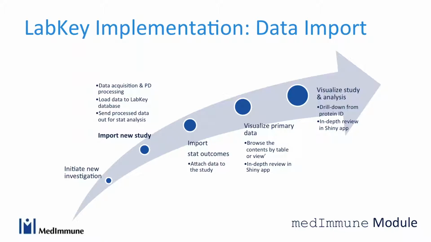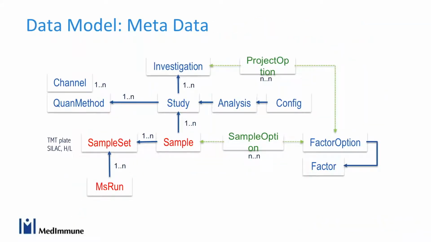In this case, we start an investigation, and that could have different sets of studies, meaning you run one set of mass spec runs, and maybe a different set of mass spec runs for particular projects. Each one of them consists of many samples, sample sets, and all kinds of metadata.